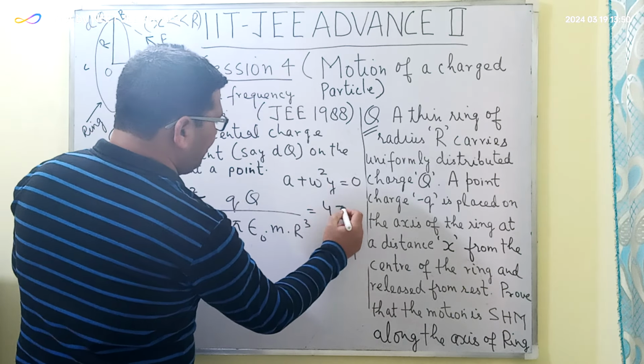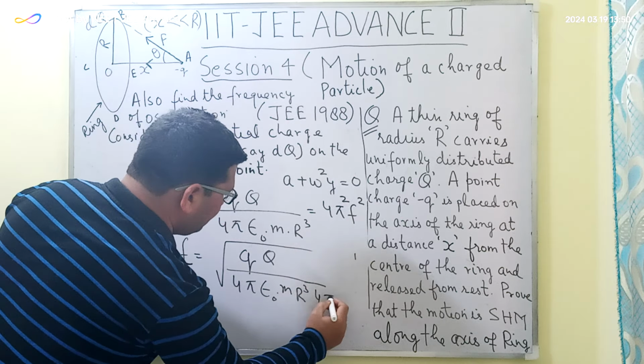So f will be equal to the square root of qQ divided by 4πε₀ m R³, and this 4π².